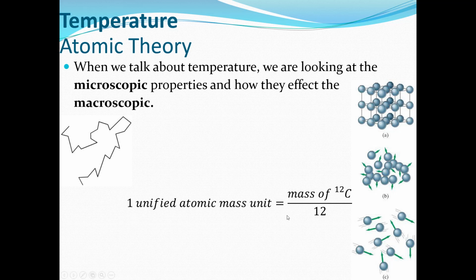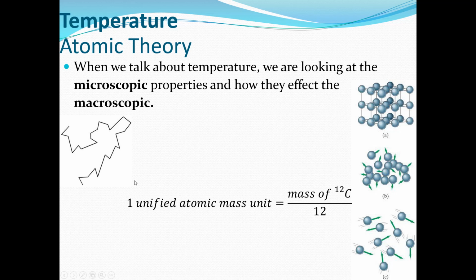So instead, we use the unified mass unit, or AMU. This is not a standard unit, meaning for any equation that we give you, you might be given numbers in AMUs, and you're going to have to convert them into kilograms later on.